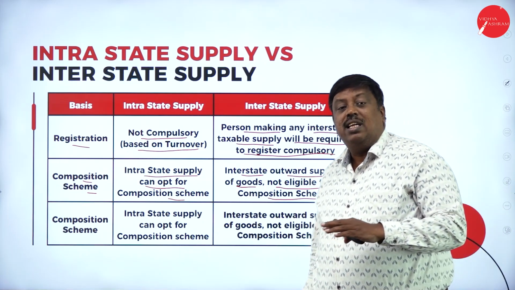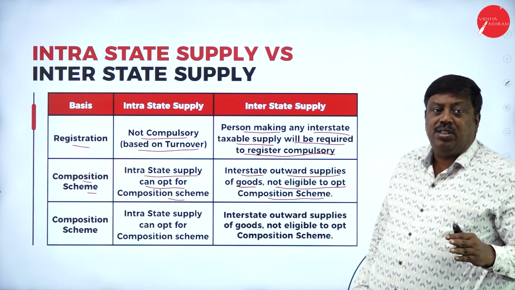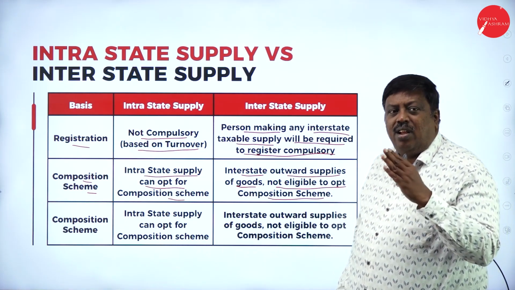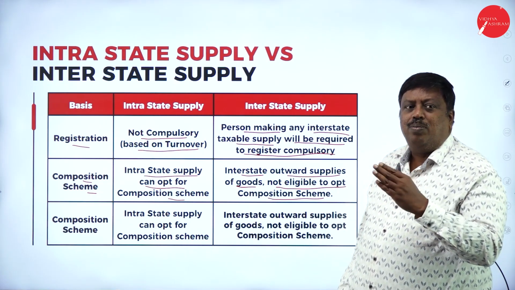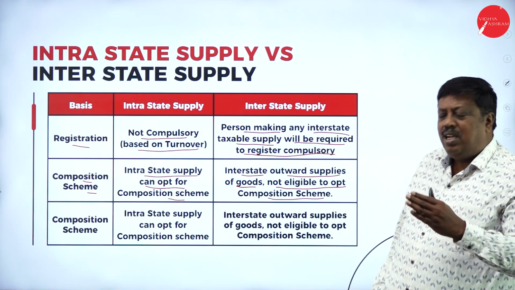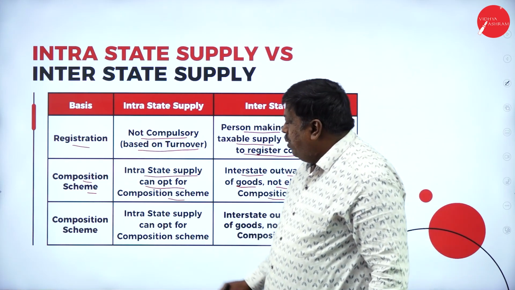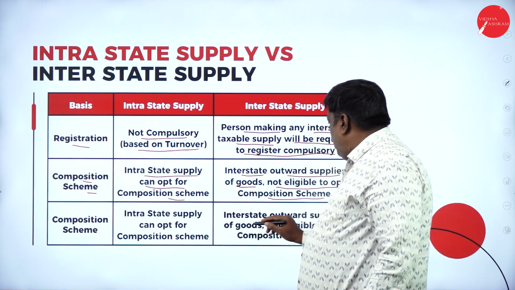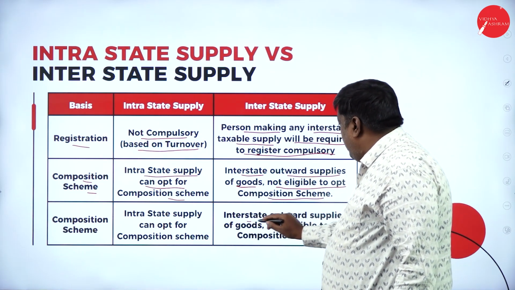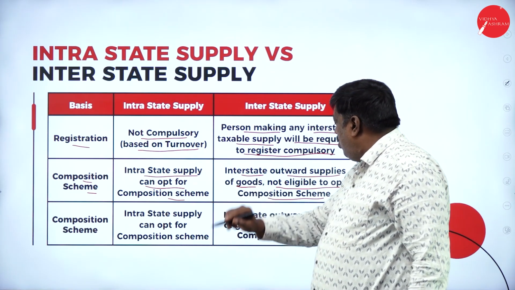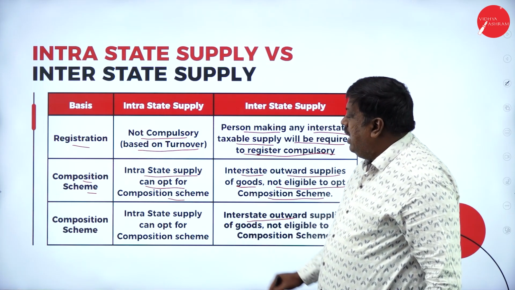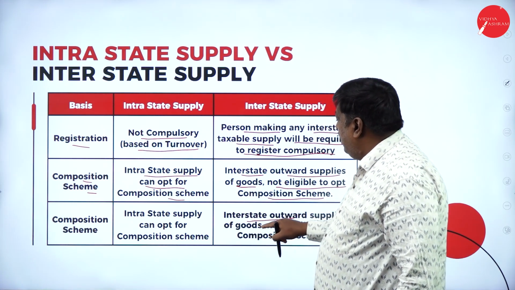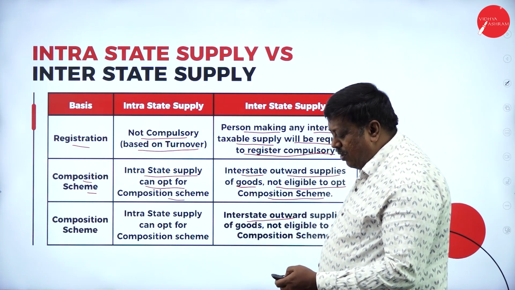They cannot take the choice of composition scheme and should follow the regular GST norms and rates. Intra can opt, but interstate cannot.